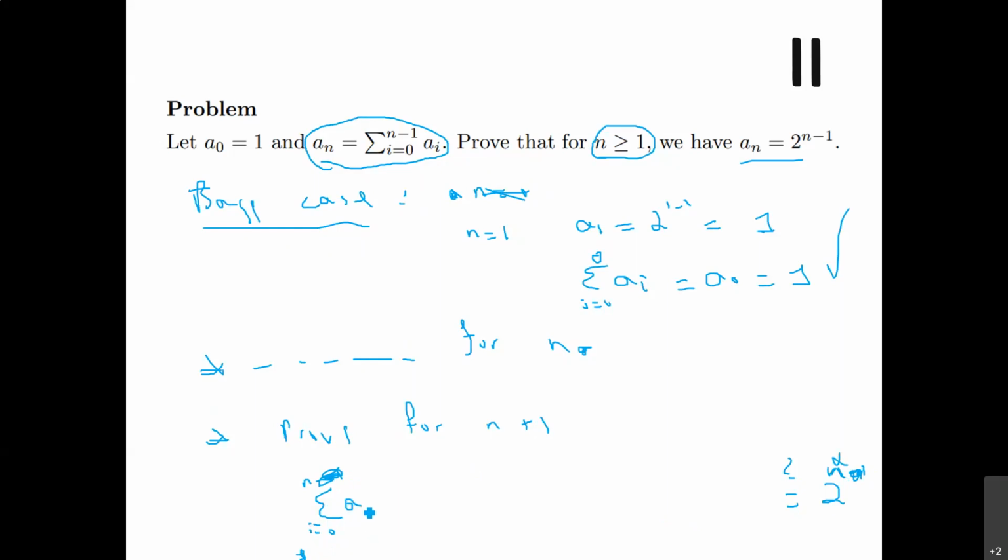Well, a_i. We can break this summation into two different parts. Same as the first exercise, I want to see my given. What does my given say? Summation from i equals 0 to n minus 1 of a_i equals 2 power n minus 1. So I want to see this range in what I'm trying to solve. So I have it from i equals 0 to n. Simply break it down.